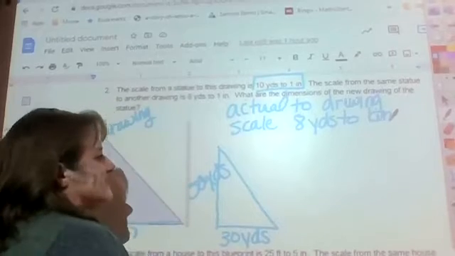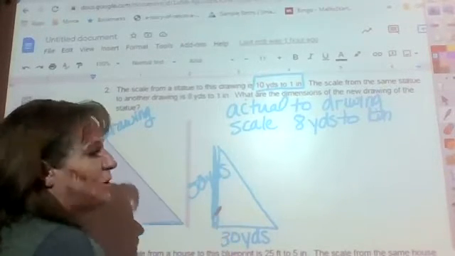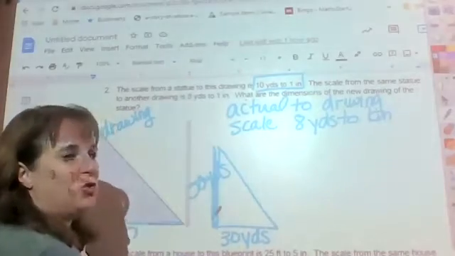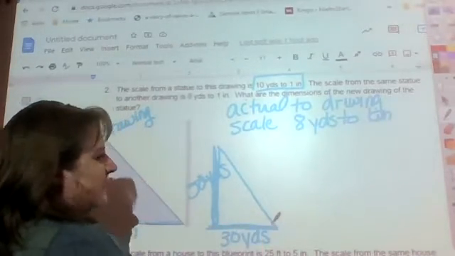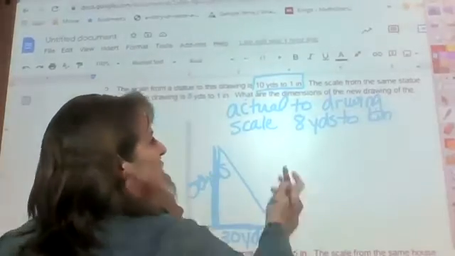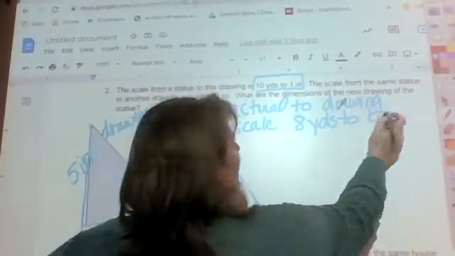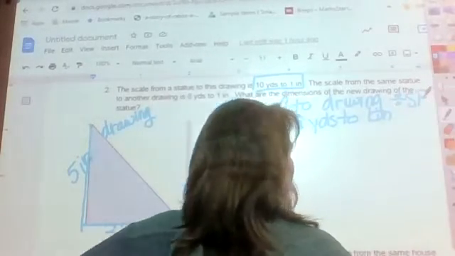So what that means is for every 8 yards on here is equivalent to 1 inch on our new drawing. So remember, when you go from the actual to the drawing, it is dividing by your scale factor.